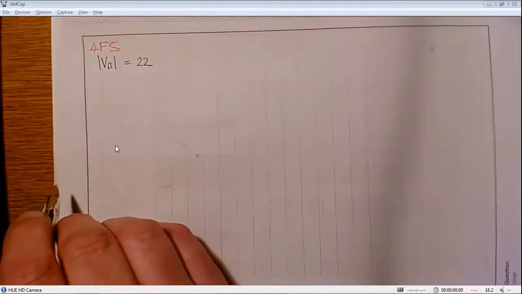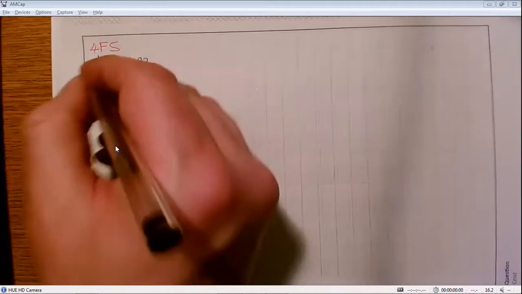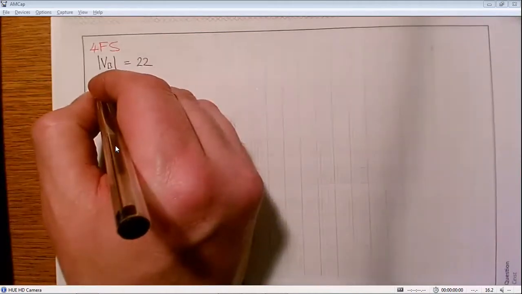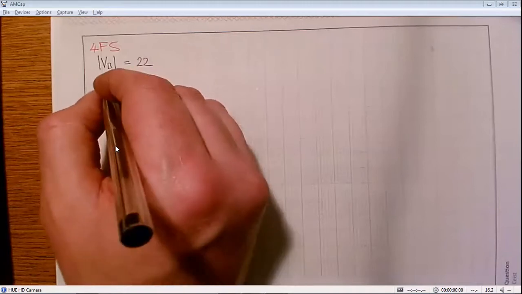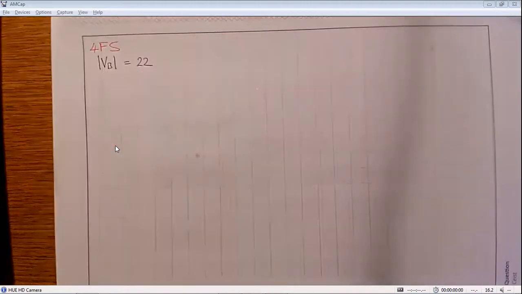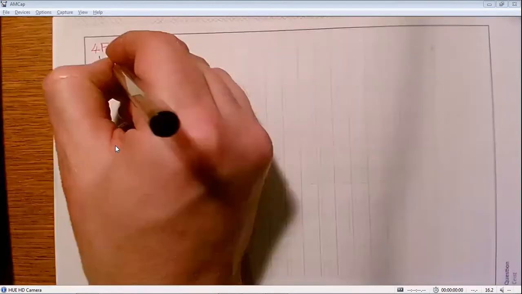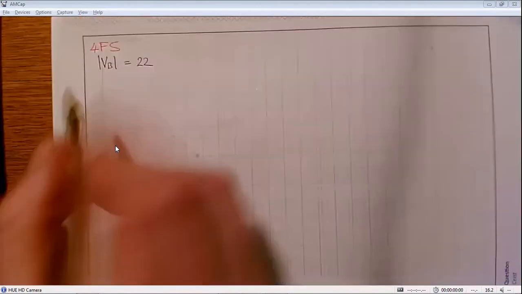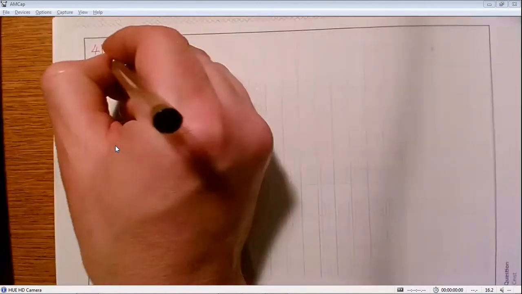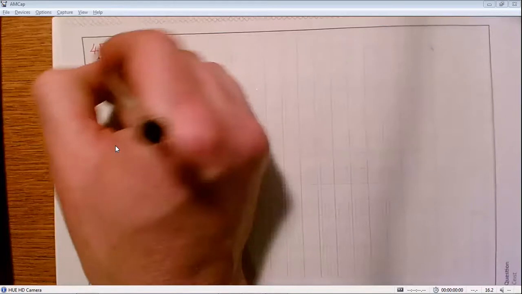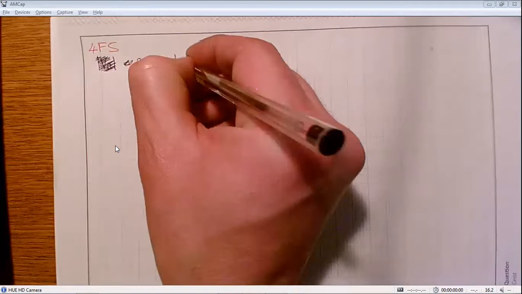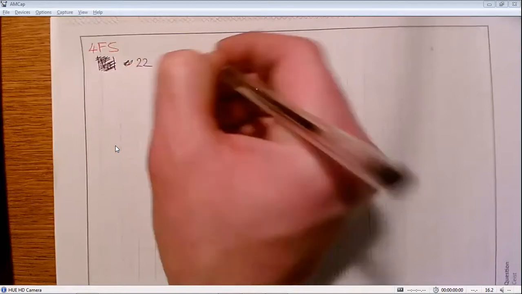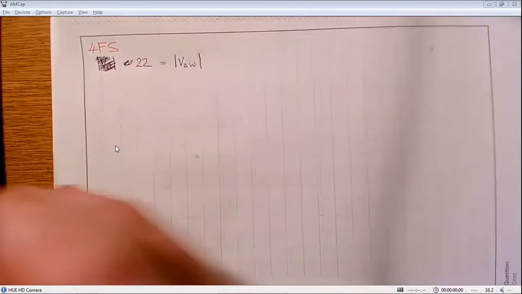Apologies folks, I've made an absolute boo-boo. The 22 meters per second is equal to the velocity of the bird relative to the wind, or the air that it's in. Apologies for that.